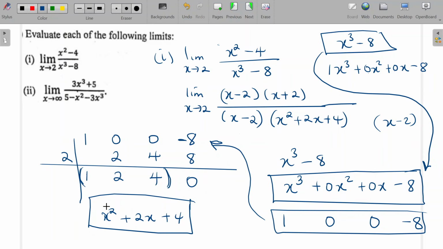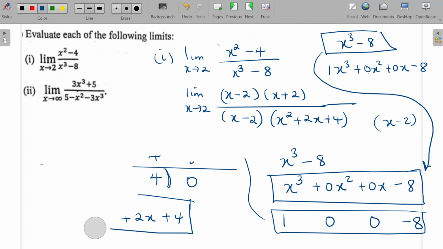Okay. So now this is what I got, and I multiply. I added it here. So me adding it there, it just tells me that I still have the x to the power 3 minus 8, because when I multiply this and this, it will give me this again. So that's what you're supposed to be doing if you're given such a question.